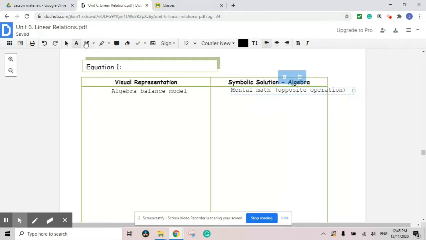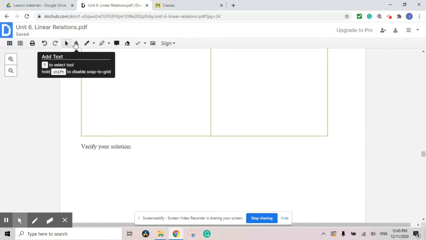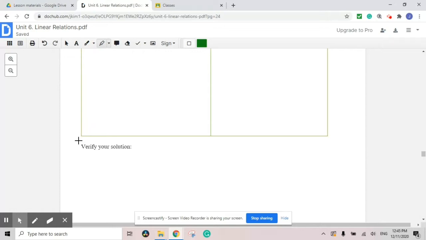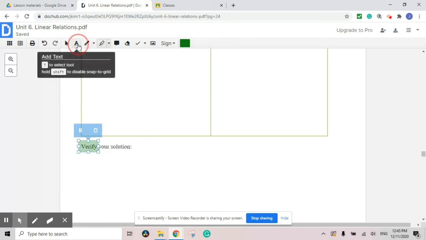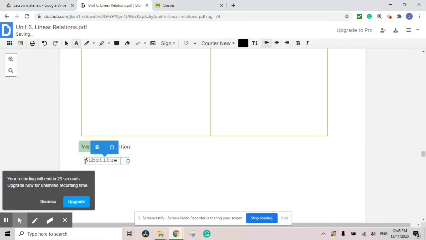When we double check whether we're on the right track, that comes in the last step, which is the verification step. Verification is a fancy way of saying substitute and double check.